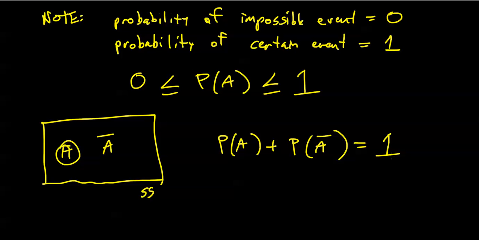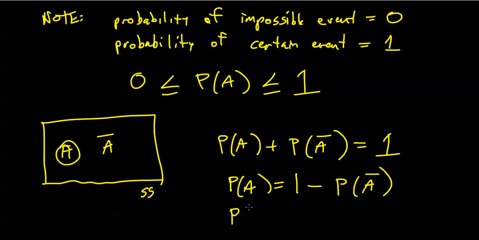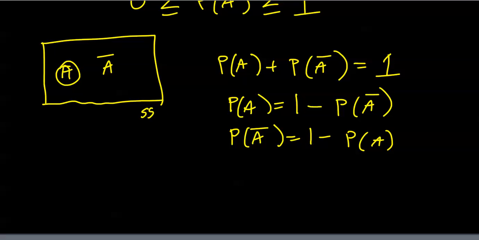Either A must occur or A must not occur, so the sum of those probabilities is always 1. In other words, the sum of probabilities of complementary events is 1. Well, that means if you know the probability of A, you can find the probability of not A just by subtracting from 1, and vice versa. If you know the probability of not A, you can find the probability of A by just subtracting it from 1. Okay?